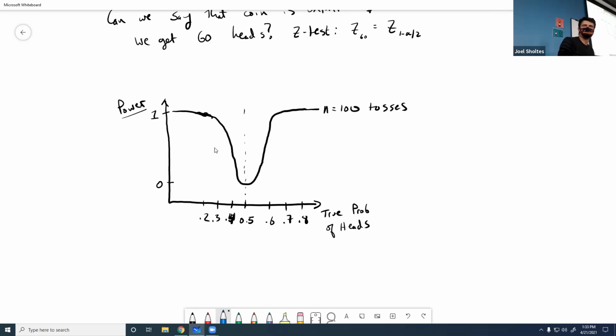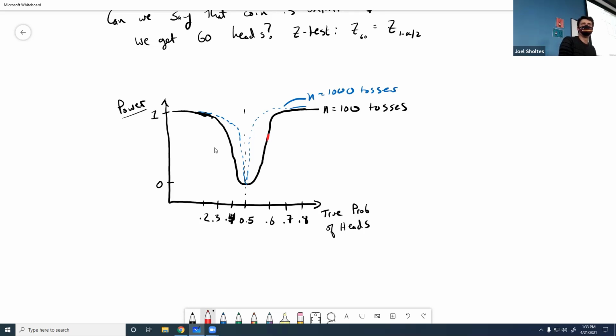But say we wanted to increase our power, we could increase the sample size, right? And so this would be n is equal to 1,000 tosses. And what you see then is pretty dramatic. Say that 60% is the true probability of getting heads with this particular coin.